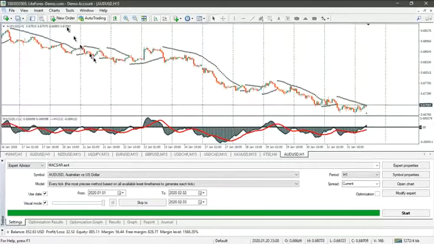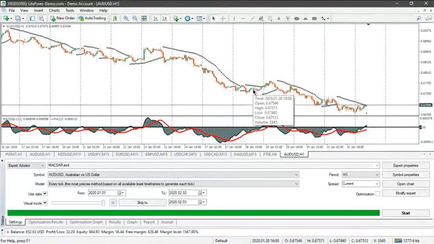Whenever the PSAR is above price, price is generally trending downwards. Whenever PSAR is below price, price is basically moving upwards. So PSAR up means price going down, and PSAR down means price going up.